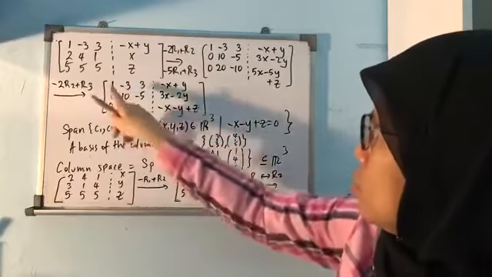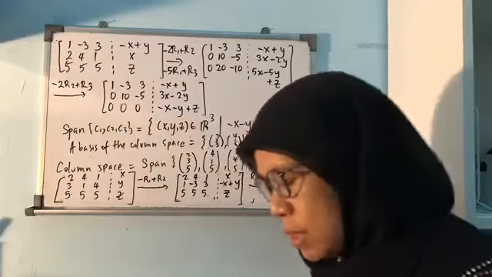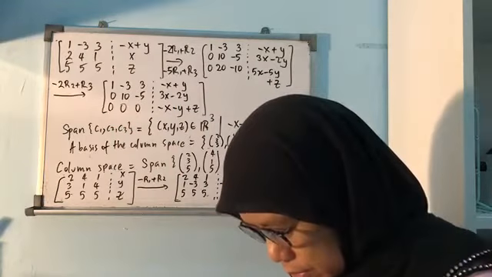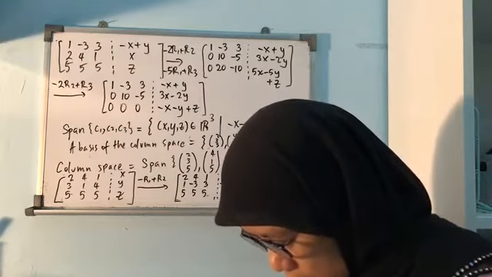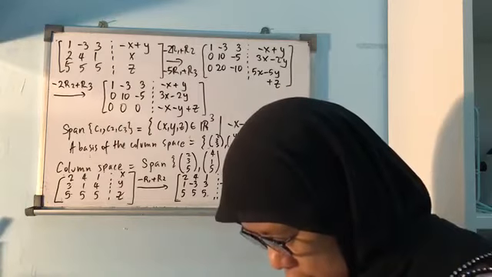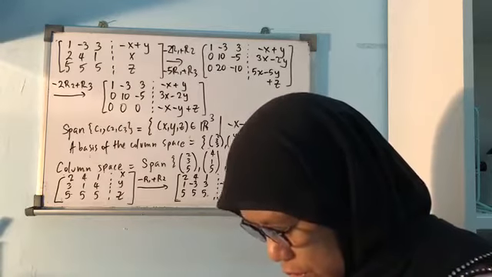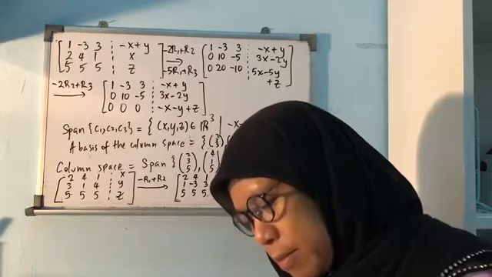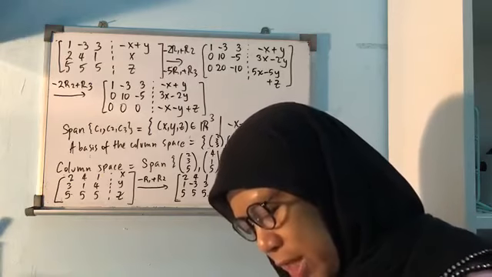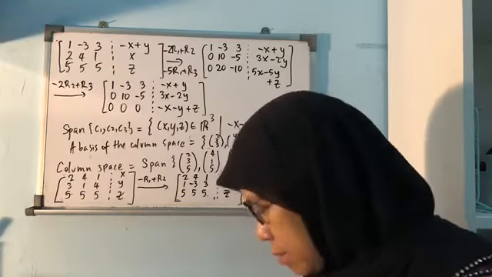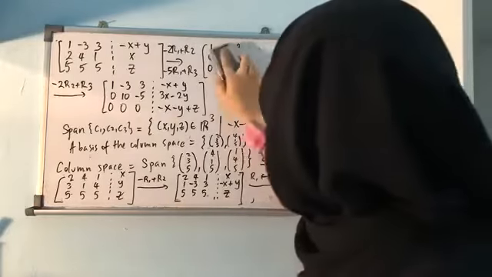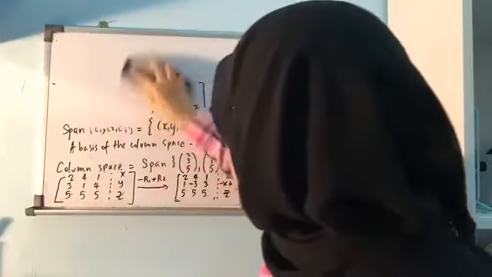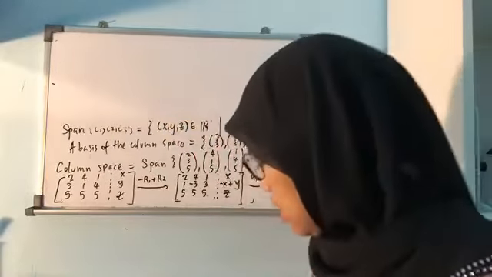So in the row space you just take the first two, that becomes a basis too. Okay, so the rest you can follow through. Row space, example 3.35. This section is actually quite simple.